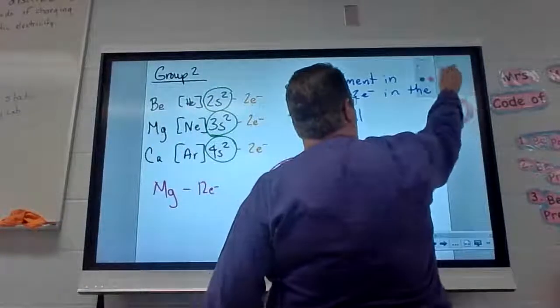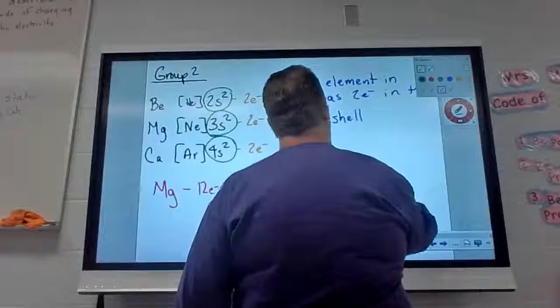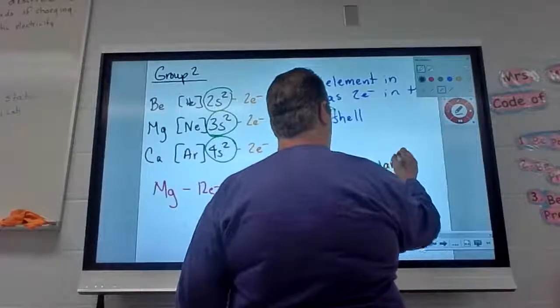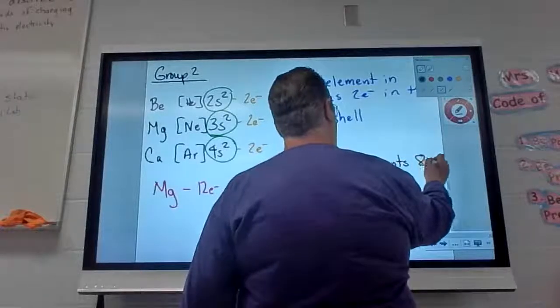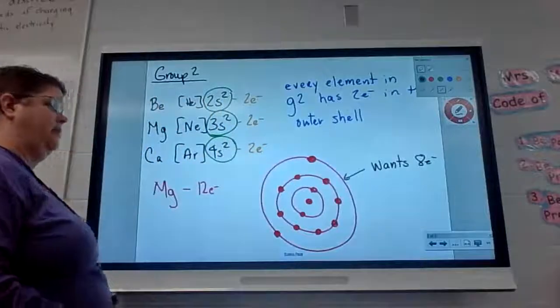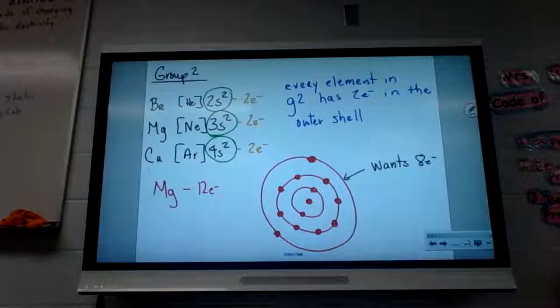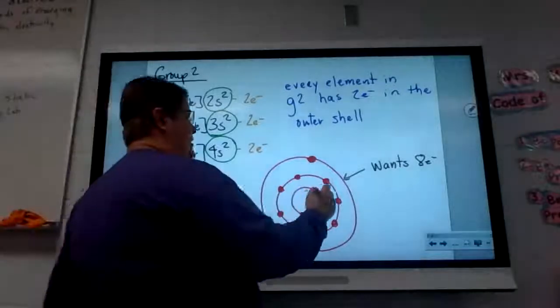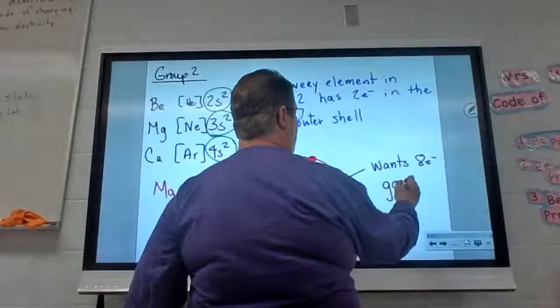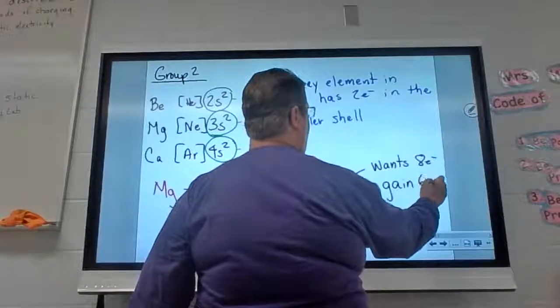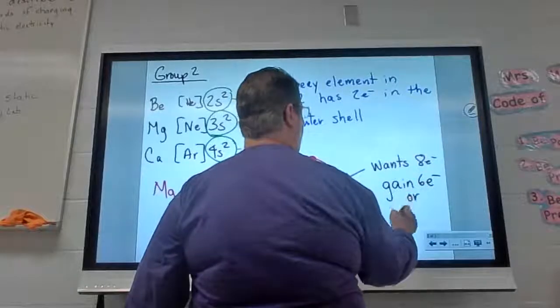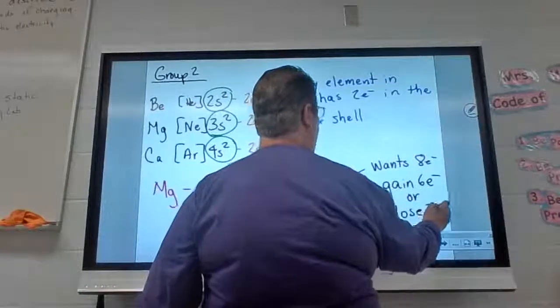All right, so if I have 2 on the outer shell, all right, and it still wants 8, but this time I have 2 on that outer shell. What are the 2 ways I can get 8? Plus 6. Minus 6. Okay, so I can gain 6, because 2 plus 6 will give me 8, or I can lose 2 is what they said.